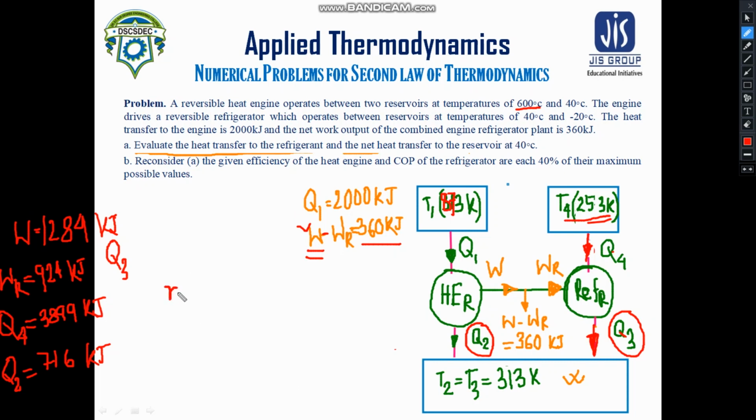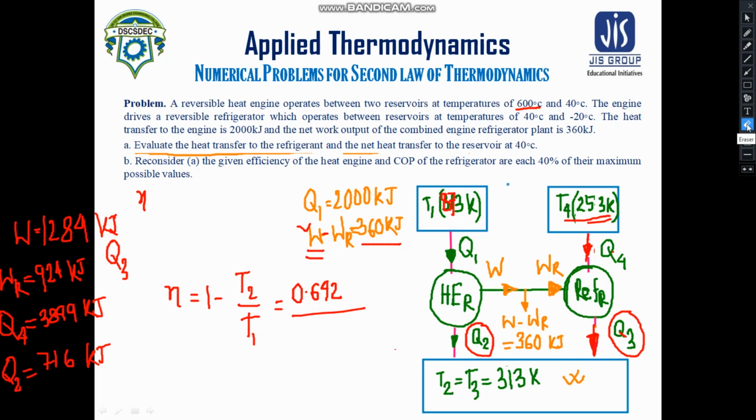In the previous case, the efficiency was found to be 1 minus T2 by T1. By this formula we can easily find it out. It was 0.642. I'm not going into the calculations. I hope you will check it and redo it once again at home, or you are probably doing it now. So if this is your maximum efficiency, then what will be the present efficiency?